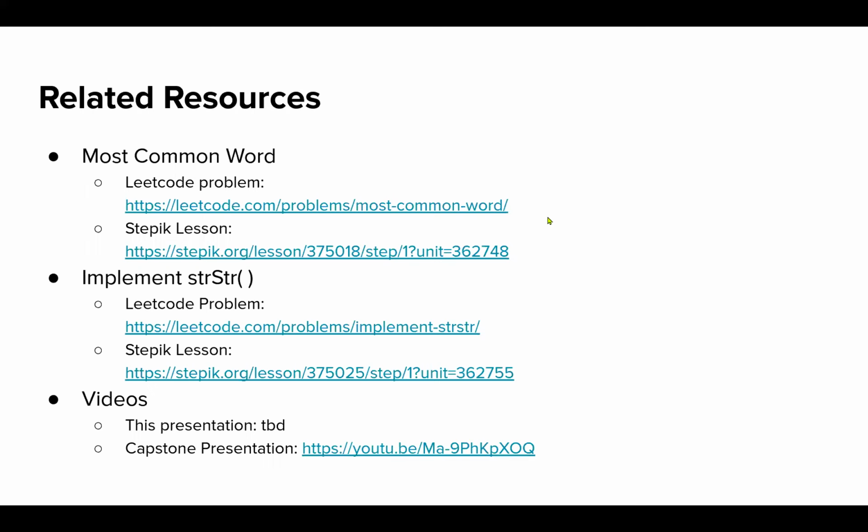Here are some resources if you're curious about moving a little further with these problems. For most common word and for implement string, we've got the LeetCode problem as well as the STEPIC lesson. Now these lessons are written by a research group at UW-Bothell, and they are designed to not just give solutions to LeetCode problems, but to explain the solutions and offer many different solutions to give you a bit of context and understanding.